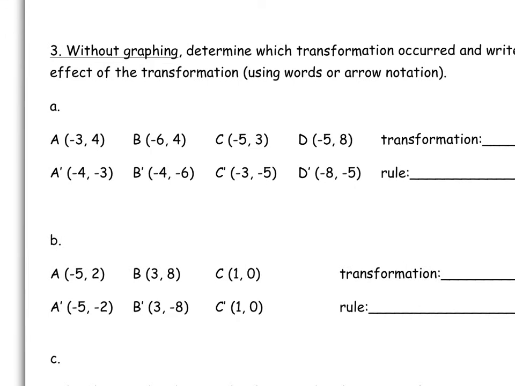So I always start with my rule. So what is happening to my original? So here I see they flip every time. I see they flip, and the y, this new one, stays the same. So the x stays the same, but the new x, so the one in this position, becomes its opposite.